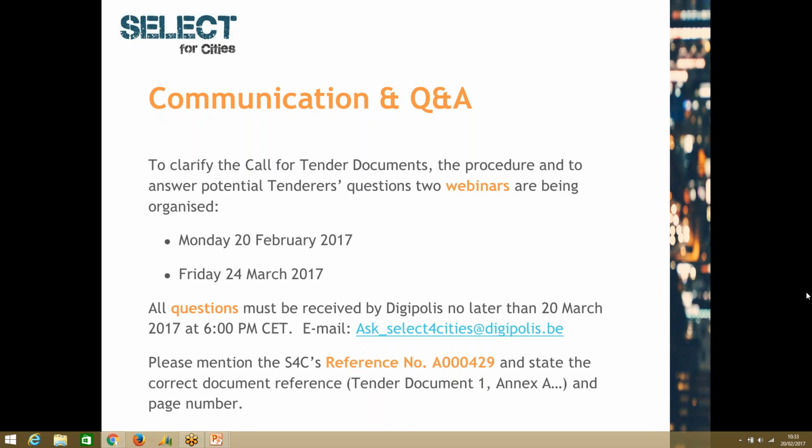But as you will see, we do not focus on all those aspects in the same way. So I advise that you read the selection criteria first and see what we ask there, because we do not ask for financial numbers of your company, for instance. It's more about who your team will be and whether you will be able to deliver the services that we ask. Please read tender document 1 very carefully on that.